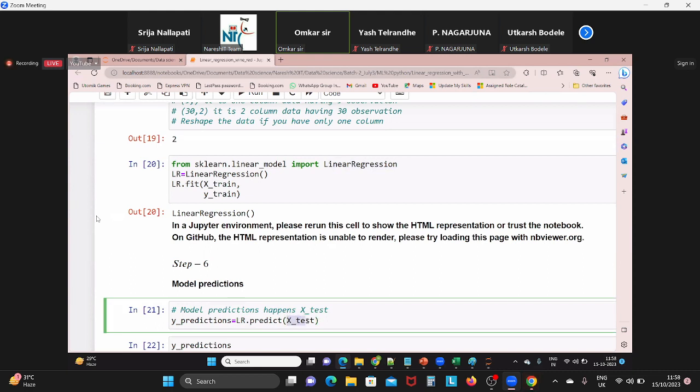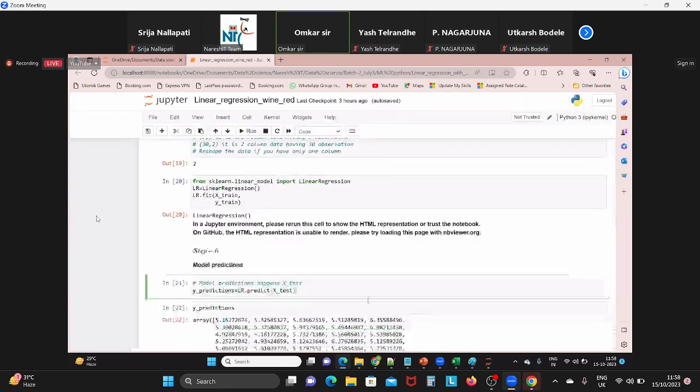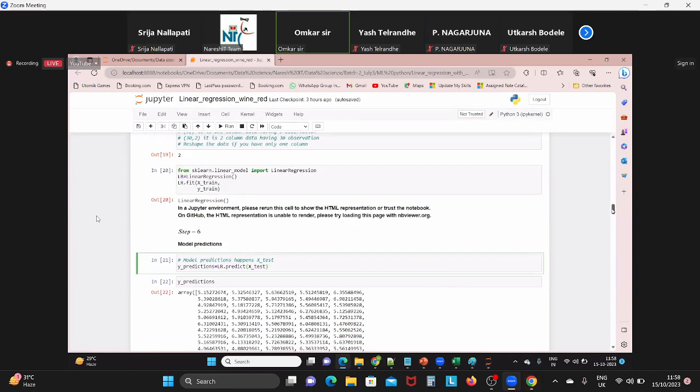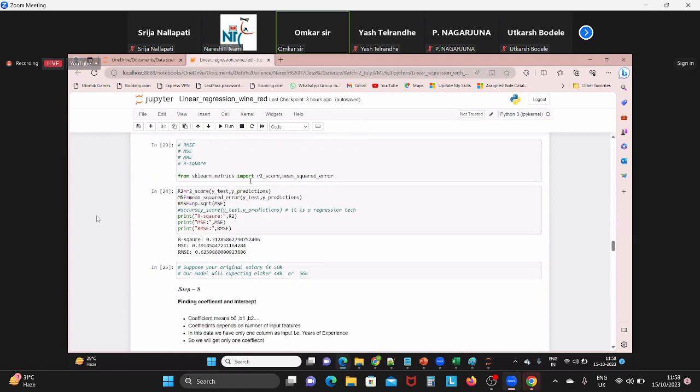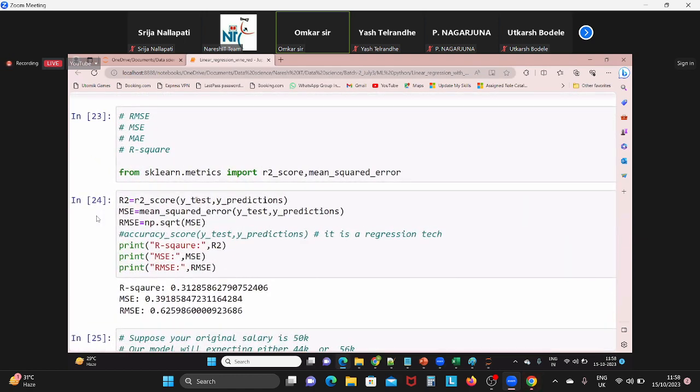X is nothing but test input. And now the test output is coming. Now we are comparing the test outputs, 480 outputs, with the original test, Y test. This is called Y predictions. So Y predictions is nothing but model output. Y test is nothing but original output.